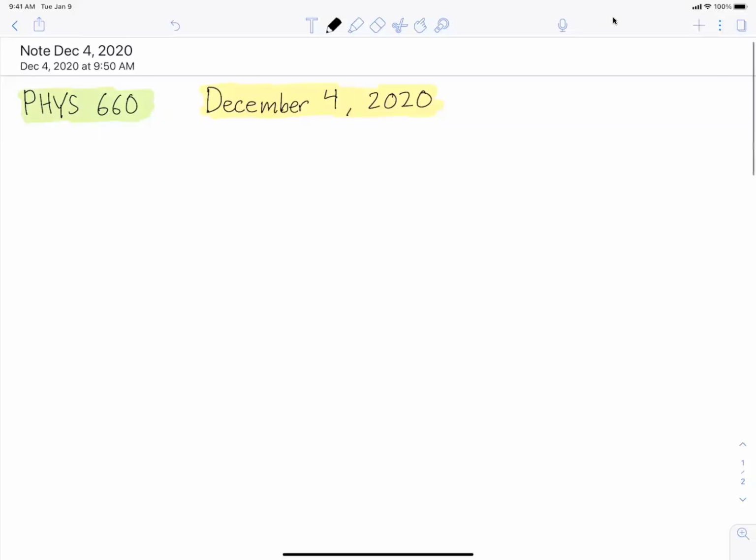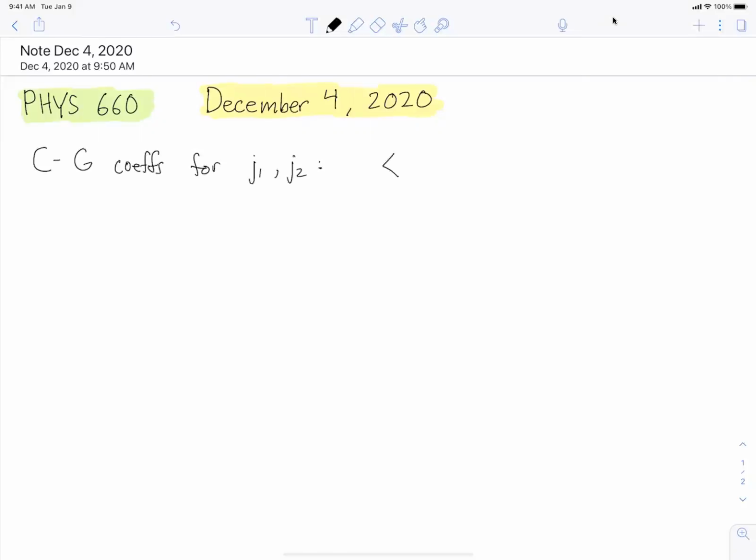So we've been talking about the Clebsch-Gordan coefficients that occur when you combine two angular momenta with quantum numbers J1 and J2.